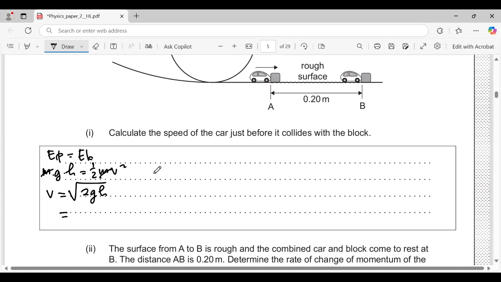If we substitute the information, it is square root of 2 times 9.8 times 0.45, and the result is 3.0 meters per second.